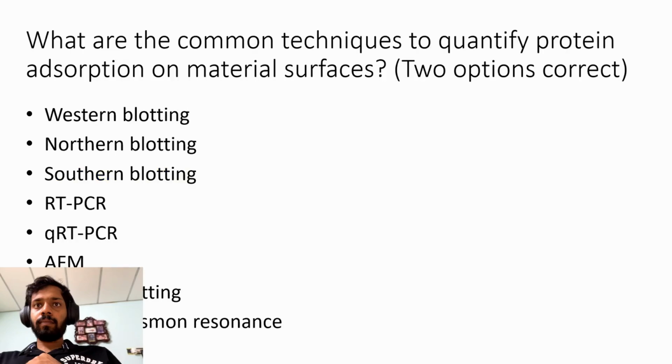Okay, so the next question reads, what are the common techniques to quantify protein adsorption on material surfaces? Two options are correct here. Is it Western blot, Northern blot, Southern blot, RT-PCR, qRT-PCR, atomic force microscopy, Eastern blotting, or surface plasmon resonance? What do you guys think?